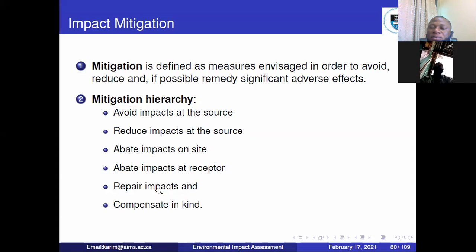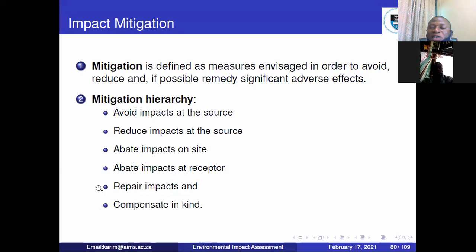Compensate in kind. You are producing gases. So, okay, I'm producing gases, but I have to pay this amount of money so that people can plant trees, maybe 10 or 100 acres of trees, so that the trees will absorb the gas that you are producing. So you have to pay in kind. You want to build a road through my house, and that is going to create more dust for me, for myself and my family.